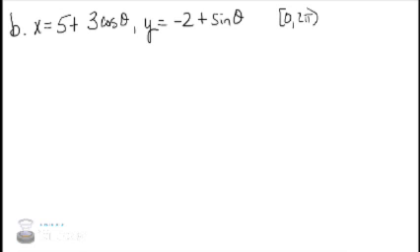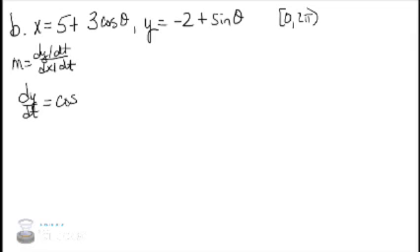And so what are we going to look at? First of all, keep in mind that our slope is dy/dt over dx/dt. And again, when the numerator is 0 but the denominator is not, we have horizontal tangency. So we're going to find our dy/dt. The derivative of -2 plus sine theta is just cosine of theta.